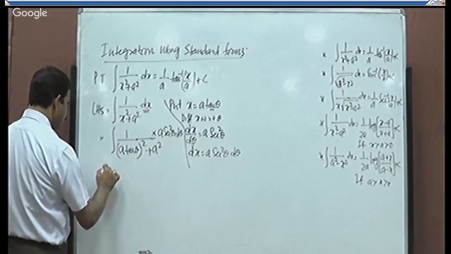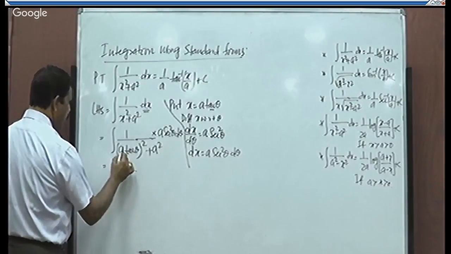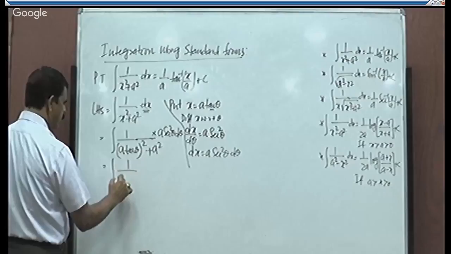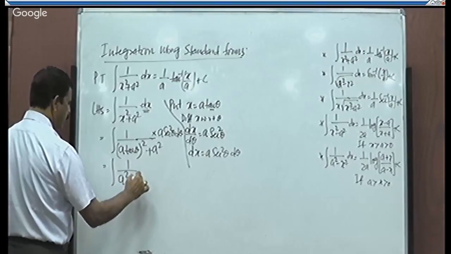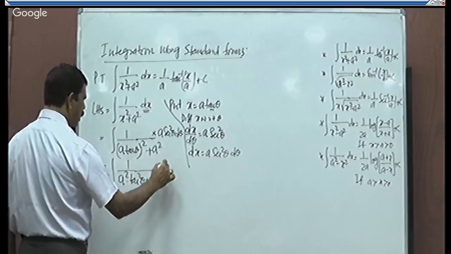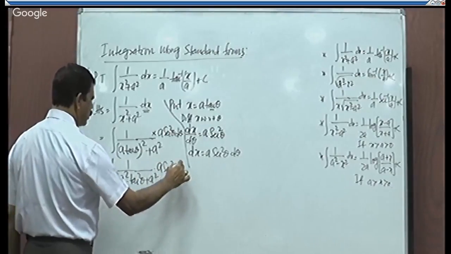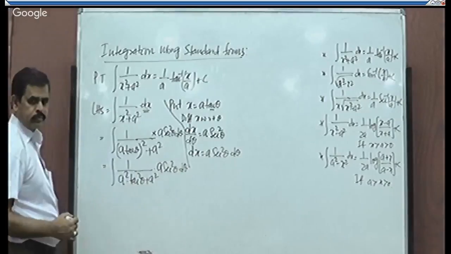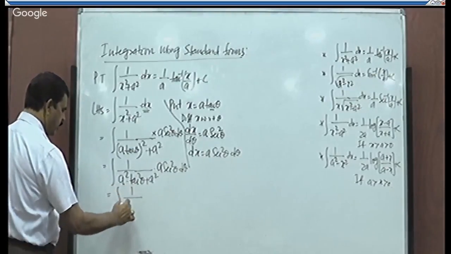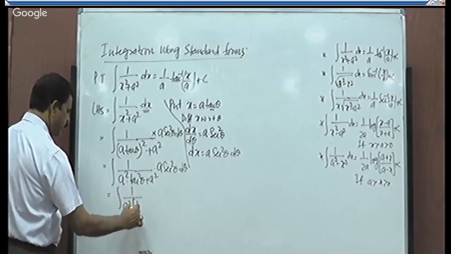Then this is equal to, separating it, a tan theta whole square means a square into tan square theta, plus a square, into a secant square theta d theta. I am taking a square as common. What is remaining?